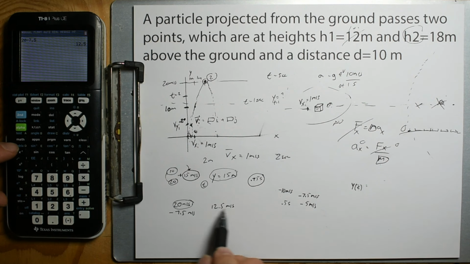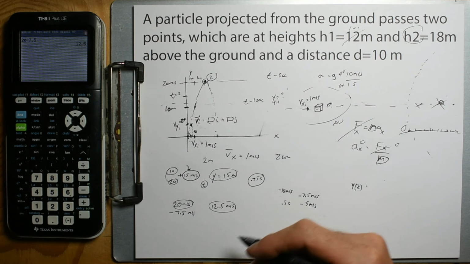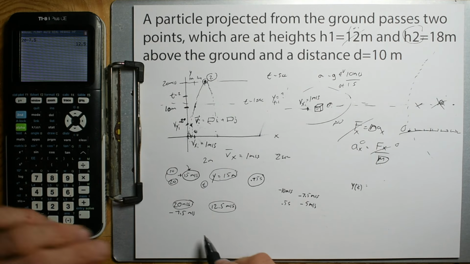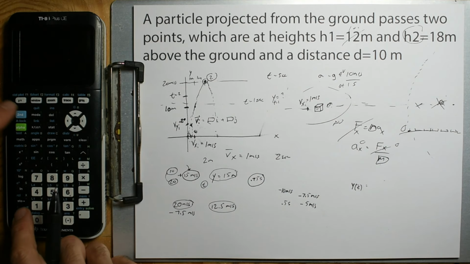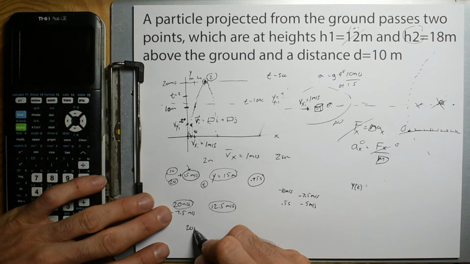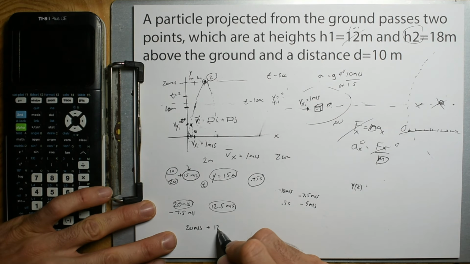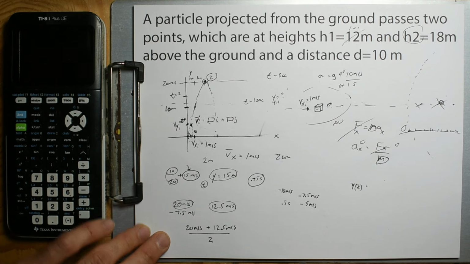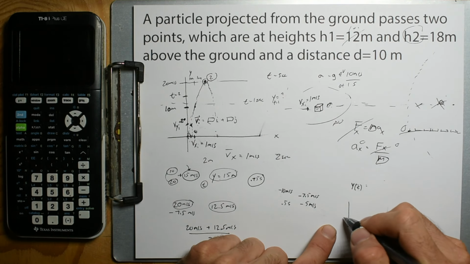I'm going to have an average speed, so let's figure out what the equation for average speed is. I'm going to take 20 meters per second plus 12.5 meters per second and then divide by 2. That's how you find the average between any two numbers.